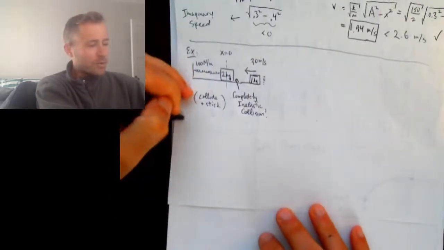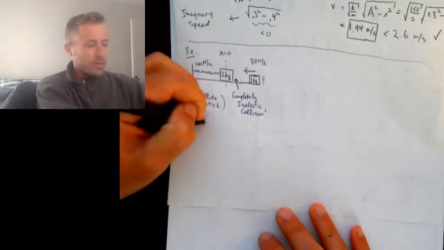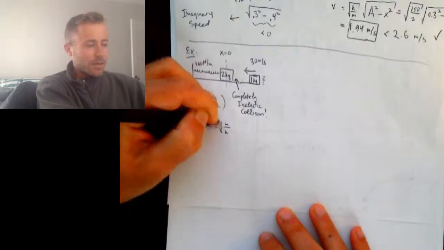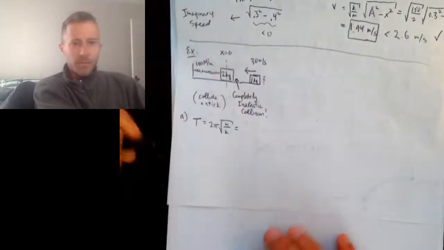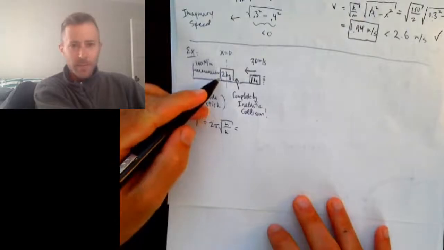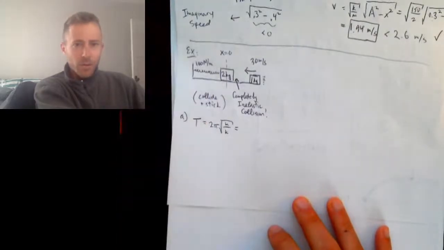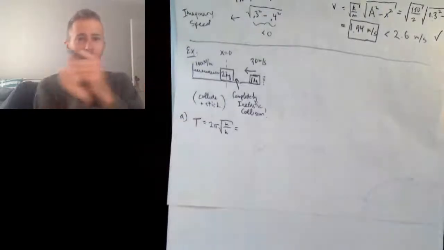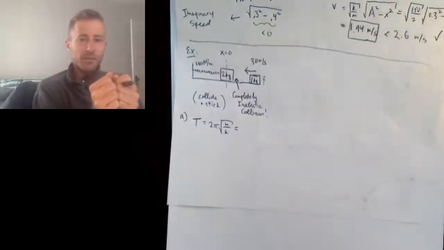So first of all, let's figure out what is the period. The period is 2 pi square root of m over k. Now, your knee-jerk reaction might be to use m equals 2. But once they collide, it's both of them that are now oscillating because they're stuck together.